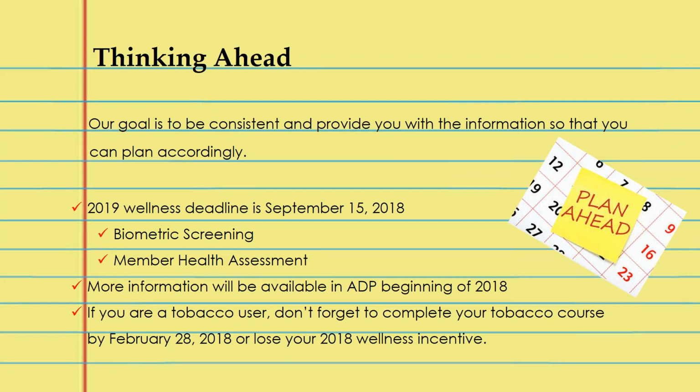The goal in the end of our plan is wellness, not to just get it done so you can save $1,200. If you're a tobacco user, don't forget to complete your tobacco course by February 28th, 2018, or you will lose your 2018 wellness incentive. So don't forget that one.